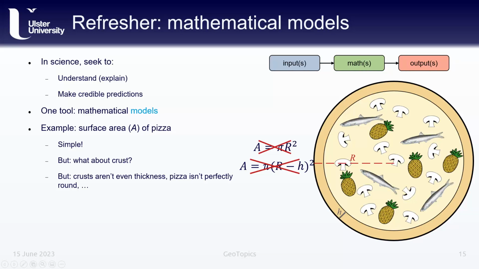So all of this is to say that, generally speaking, all models are wrong in that they make some kind of assumption or simplification, but we can still learn something from them. So for example, this would actually be a pretty good approximation for the surface area, unless you're making a square pizza, in which case you'd have to think about square pizzas instead of circular pizzas.